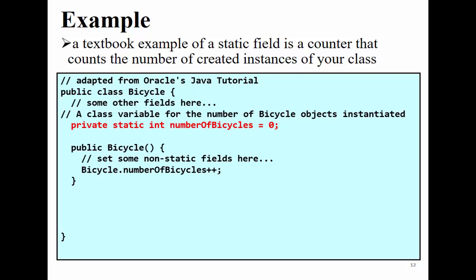As you can see here, we have Bicycle dot. Bicycle is the class name, so we go Bicycle dot and give the name of the static field. We don't need an object to access the static field. So we can access the static field by using the class name. And we increment the number of bicycles. As you can see, we create an object from Bicycle using the constructor. That's why we go to the constructor and increment the static field.